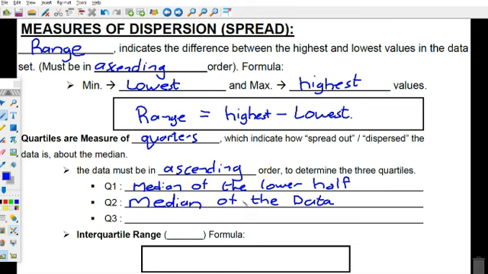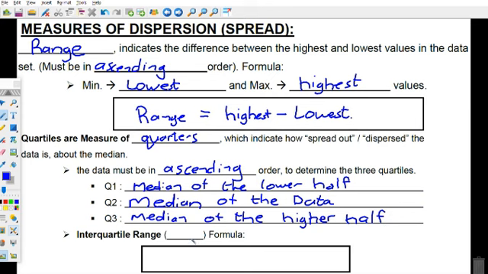Exactly. Then the Q3 is the median of the higher half. The higher half will be nearer to my max, my highest value. My lower half will be closer to my minimum.